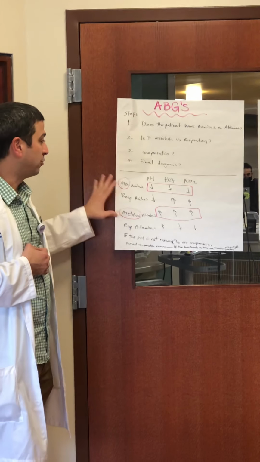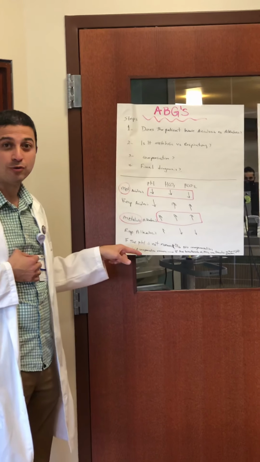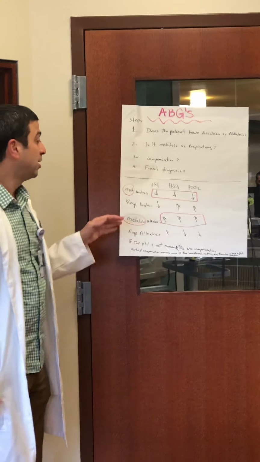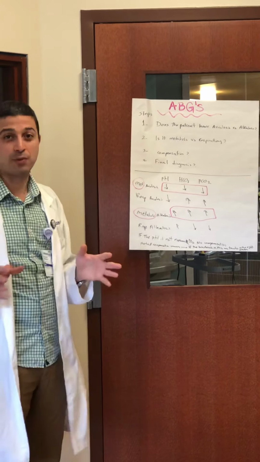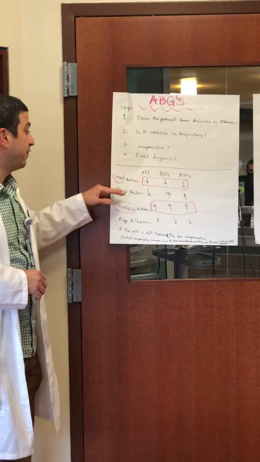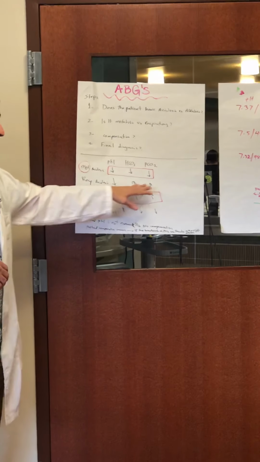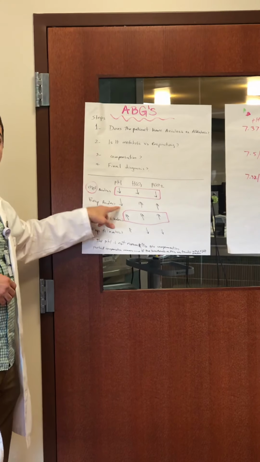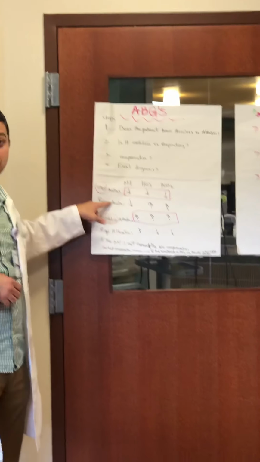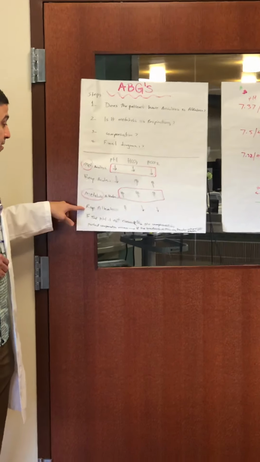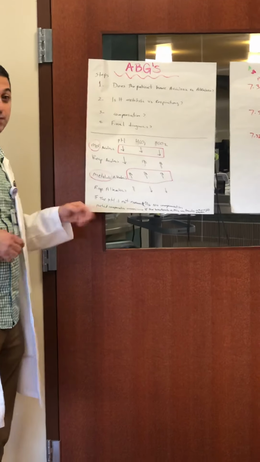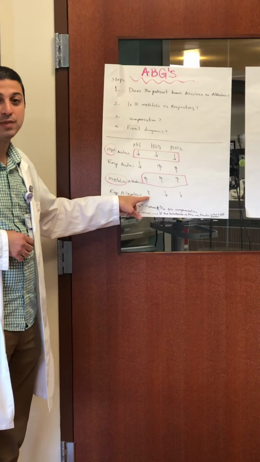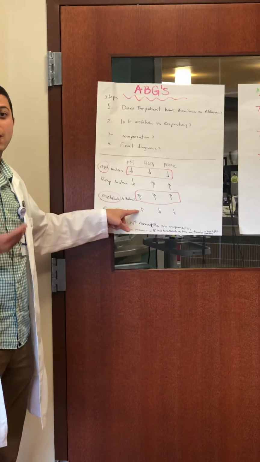Now the opposite applies too. If your arrows are not going in the same direction, you're dealing with a respiratory problem. If your pH is low, you have respiratory acidosis, and if your pH is up, you have respiratory alkalosis, because if the pH is up, that means you have alkalosis.